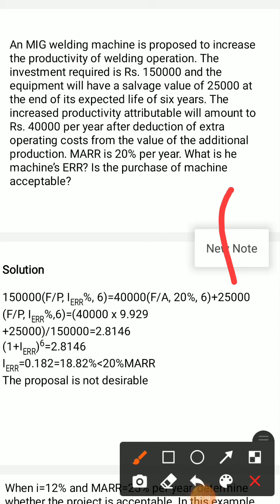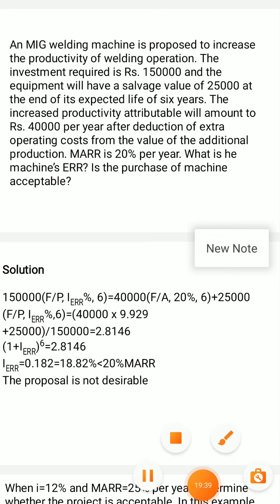Now, for this period of 0, this bracket becomes 1, so put it as 25,000. Now simplify this equation.